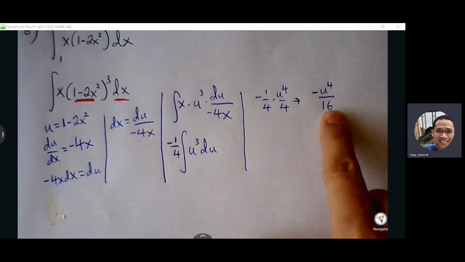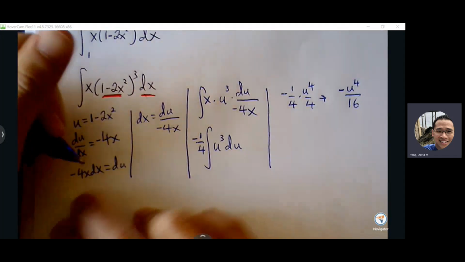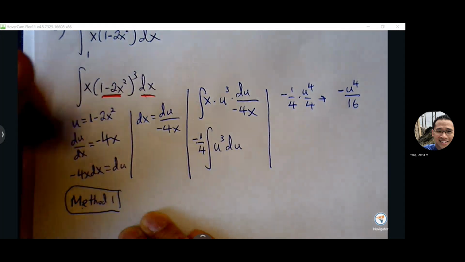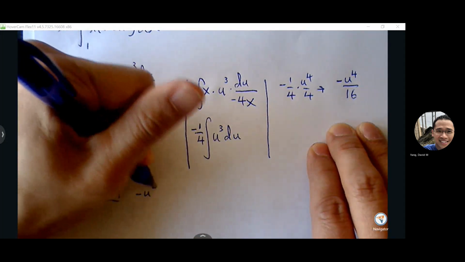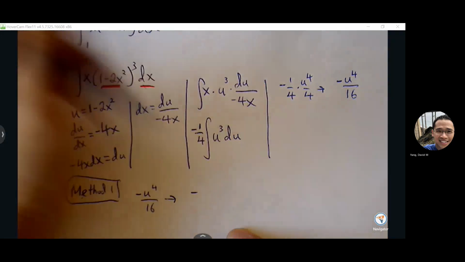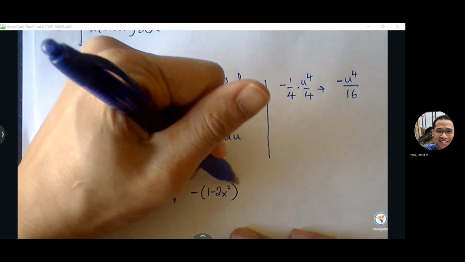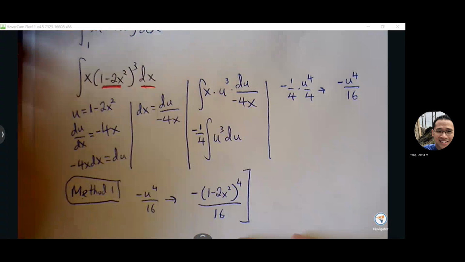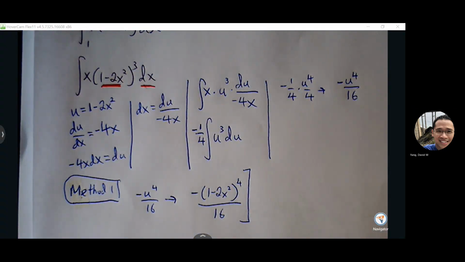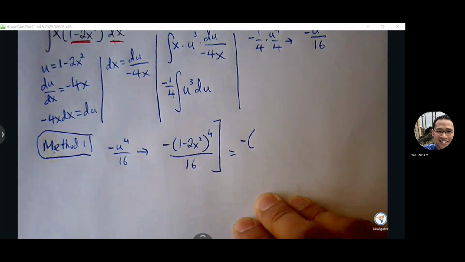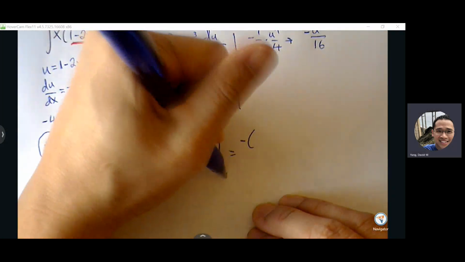Just bring the u back in terms of x and then use the original bounds, between 1 and 2.